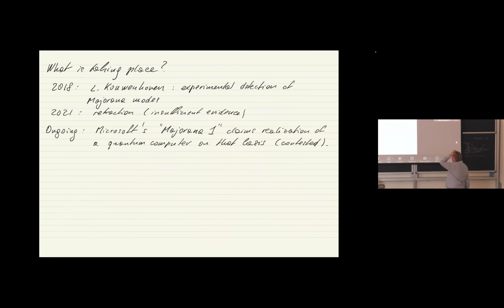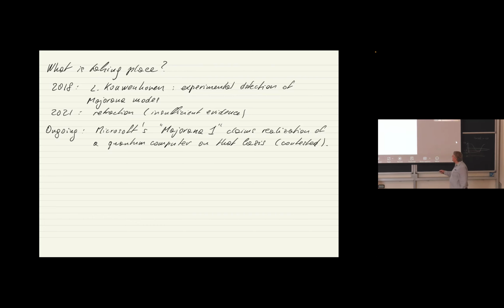In 2018, Kouwenhoven claimed to have such a system that I showed you, with the semiconductor placed above the superconductor, where he could experimentally detect Majorana modes. And 3 years later, he had to retract the paper, because there was insufficient evidence that what he found were really Majorana modes. A setback and so on.